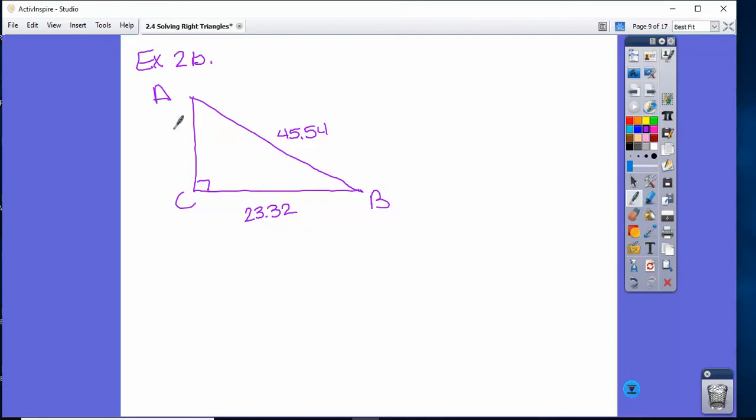What would you do first? This would be our side B, so Pythagorean theorem. So A squared, so 23.32 squared plus B squared equals 45.54 squared. So we have to subtract that over.